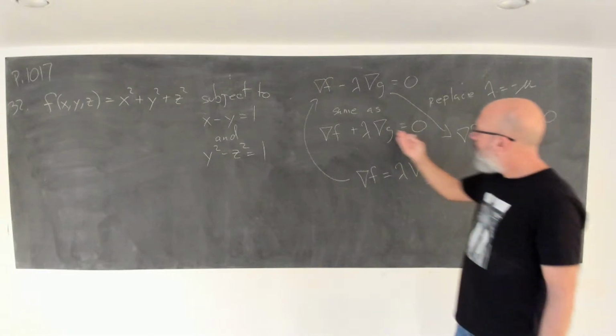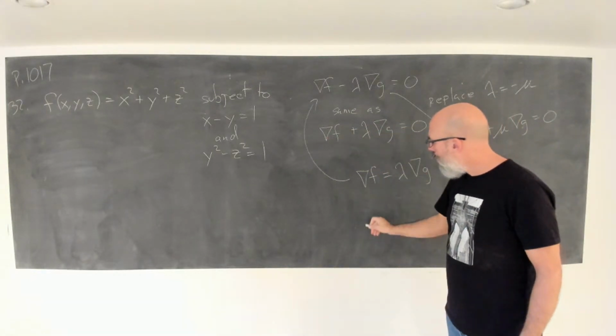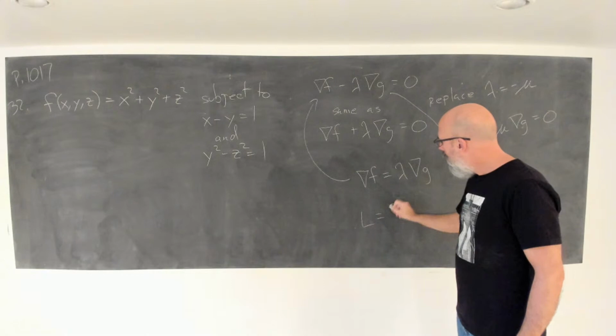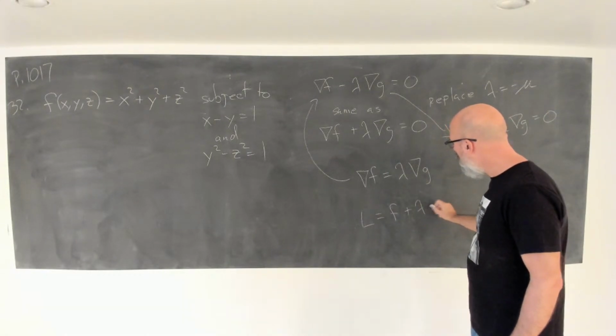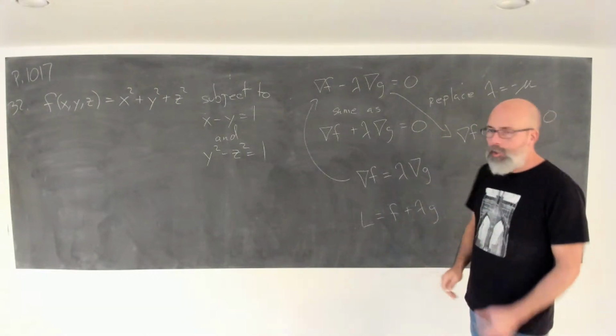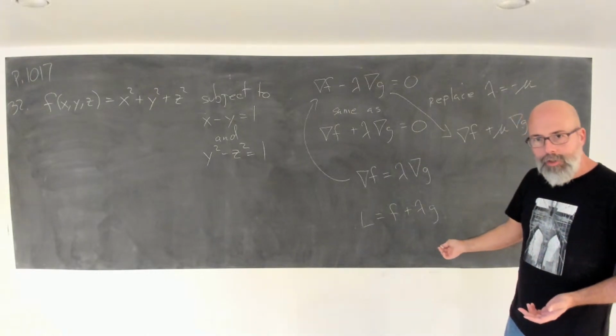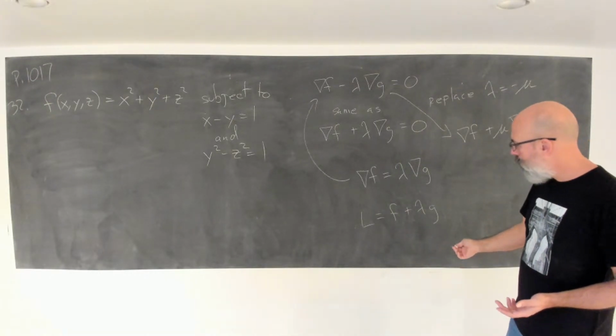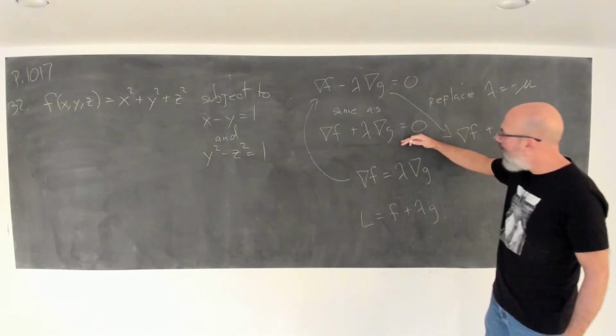Some books define a Lagrange operator as f plus lambda g. And you want critical points of this Lagrange operator, which gives you essentially this.